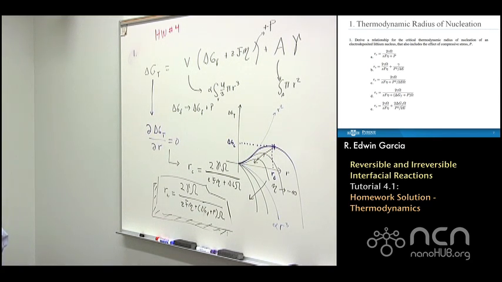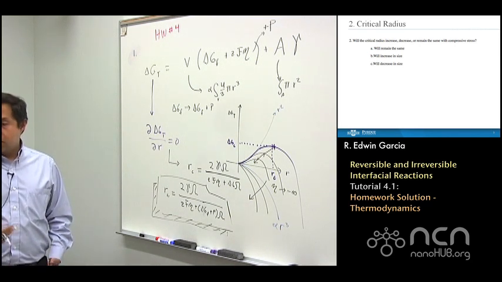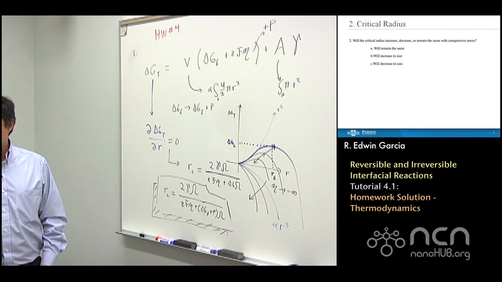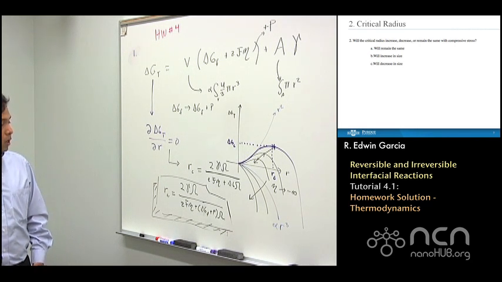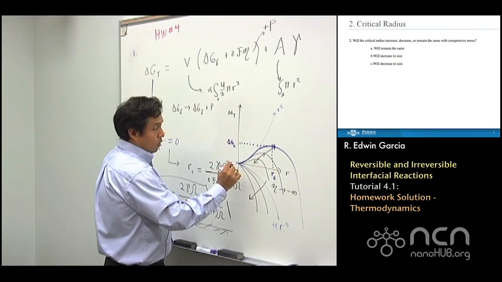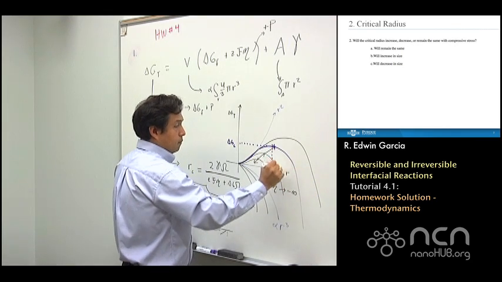If you go to question 2, which is, will the critical angle and critical radius increase, decrease, or remain the same with compressive stress? As you increase the compressive stress, it'll actually make this free energy larger.